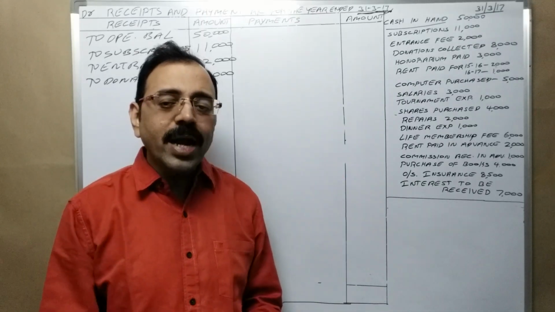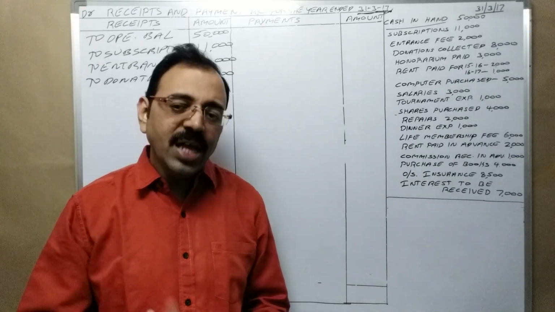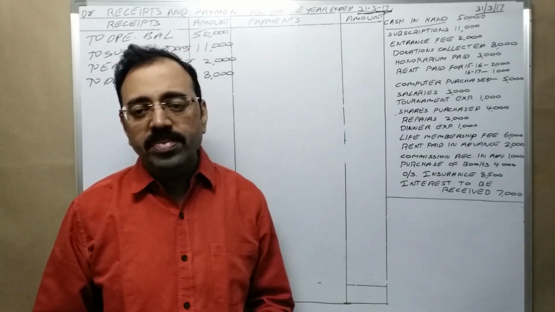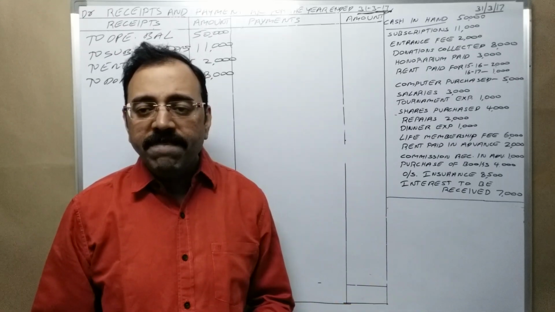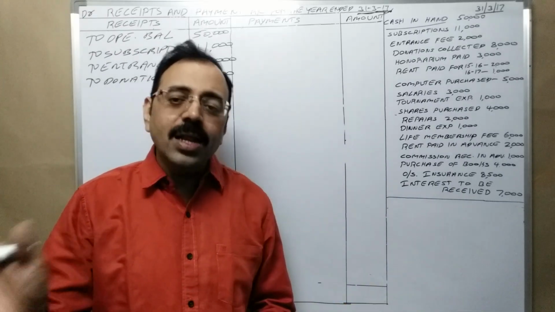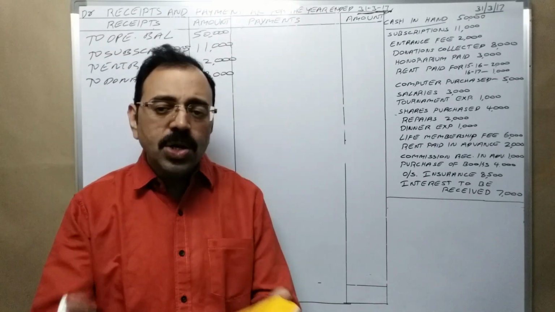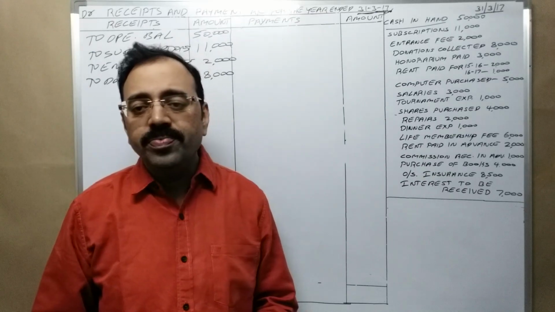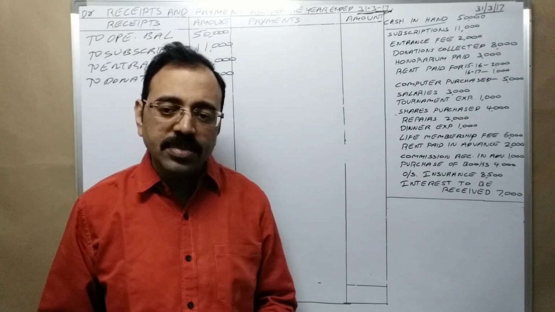Then how to write that in our accounts? Can we write it as wage? No. Because he is not a laborer. Can we write it under the salaries head? No. Why? Is he your employee? No. Only one time he came and he delivered his lecture.